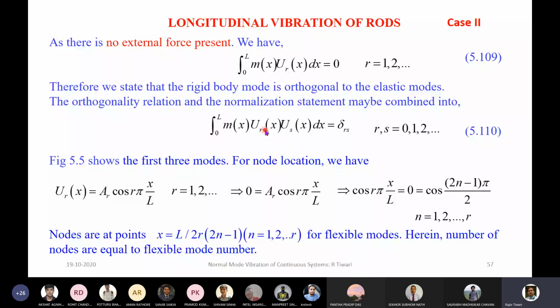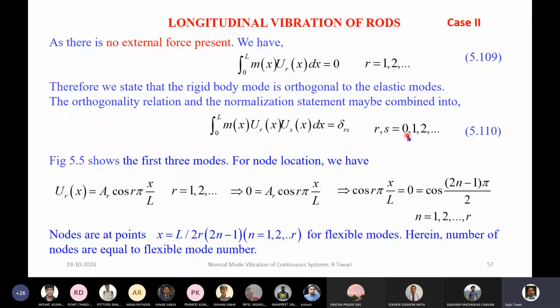Because this is a constant, this will come out having no meaning. So we'll get a similar expression like this. The normalization and the orthogonality conditions have been combined here, even for the rigid body mode, r is equal to 0. That is very important. So rigid body modes are also orthogonal to the higher modes.